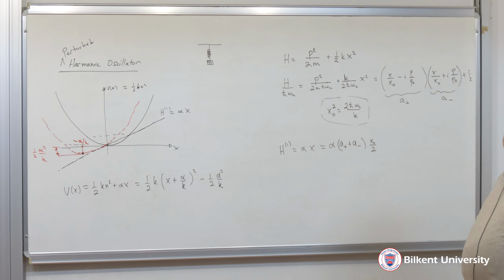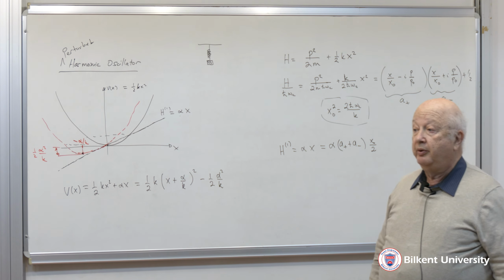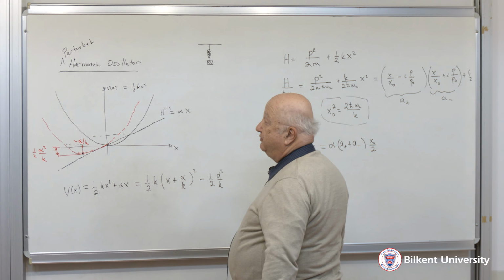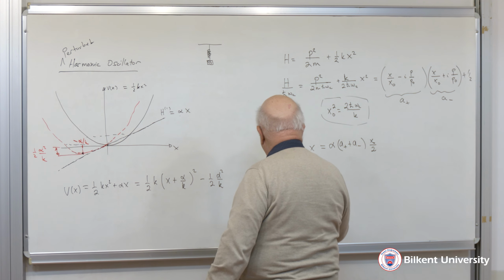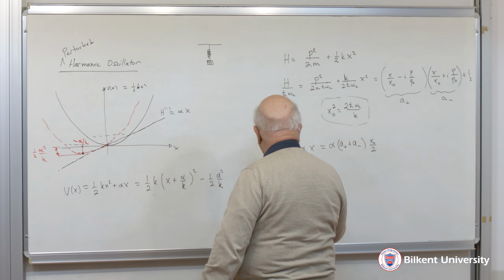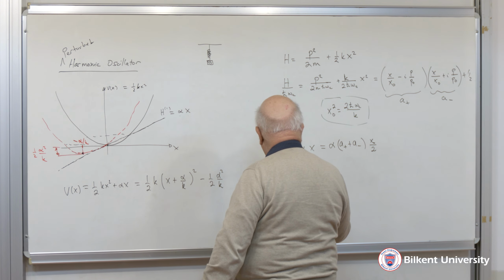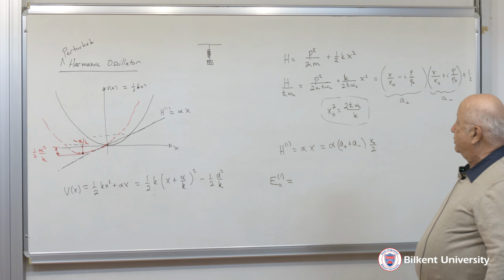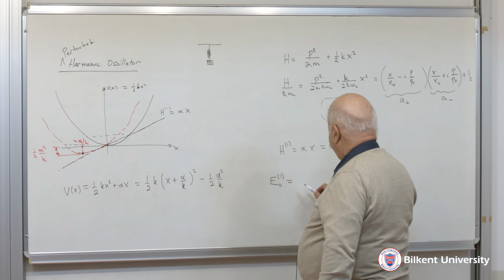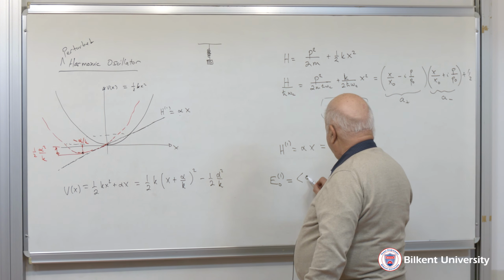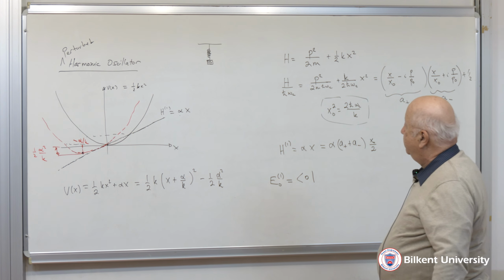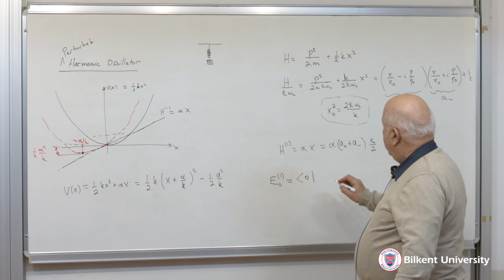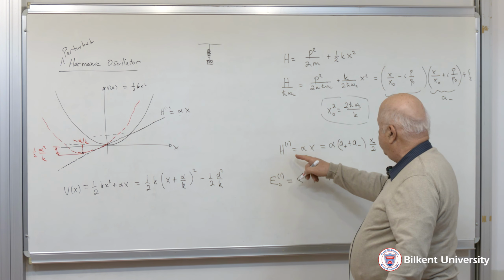All right, so that's our H to first order. And I now am going to look at the shift in the energy. Let's just say the ground state to keep things simple. So what is the shift of the energy of the ground state to first order? Well, I have the equation right there. So it's going to be the unperturbed energy states of the original Hamiltonian, <0|alpha x|0>, which is our h1.